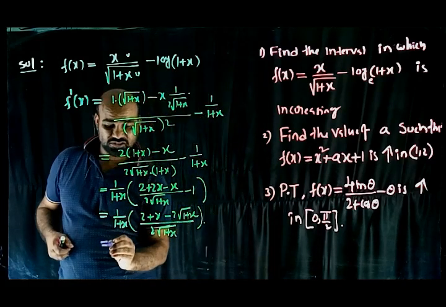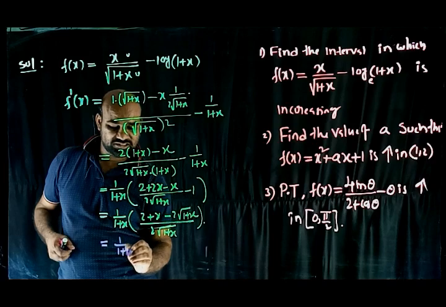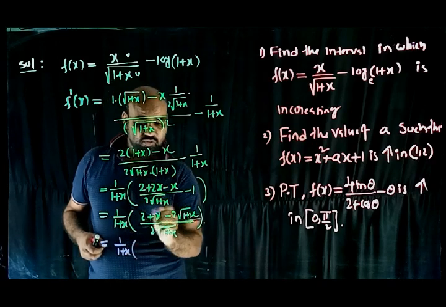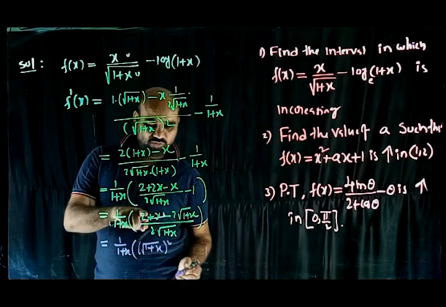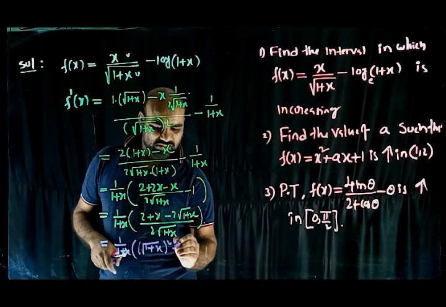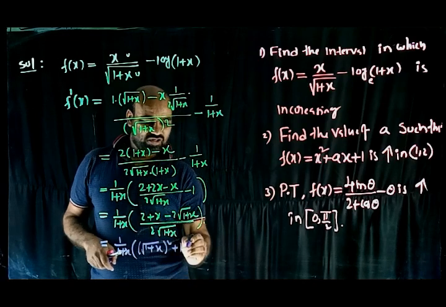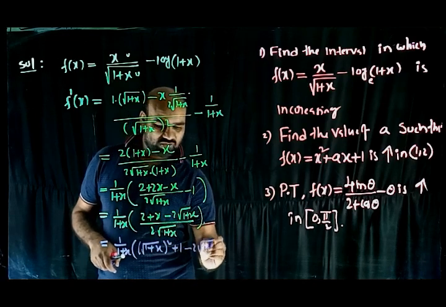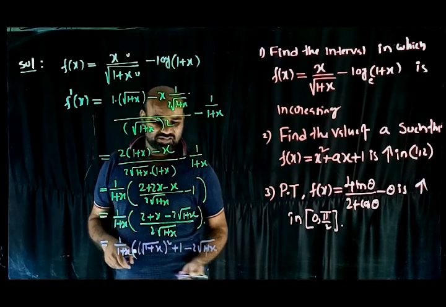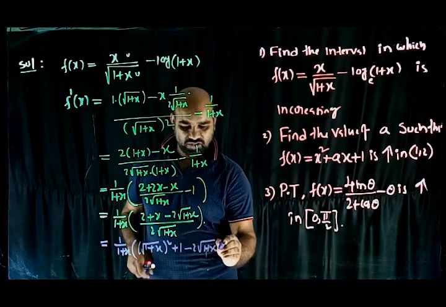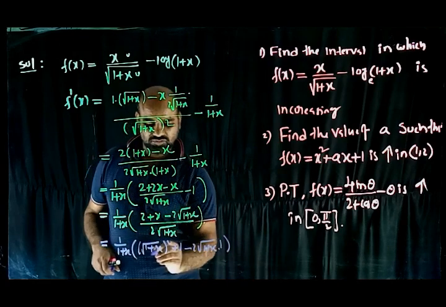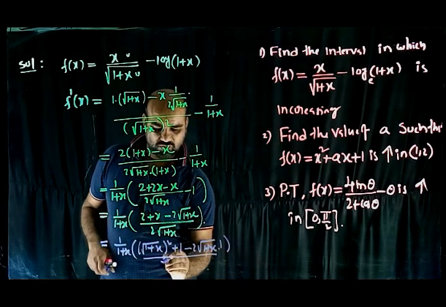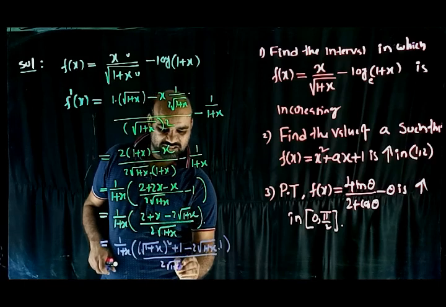So this is 1 by 1 plus x into 2 plus x, which can be written as root over 1 plus x whole square, and one more 1 is there. I will write here minus 2 into root over 1 plus x into 1 by 2 into root over 1 plus x.